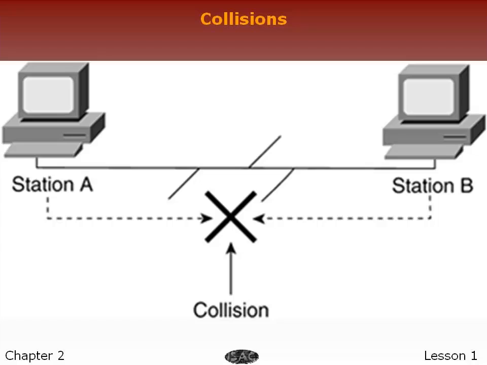The mechanism is collision detection. Collisions occur when two frames try to use the same network segment at the same time and both frames are lost. Not unlike two people trying to talk at the same time.